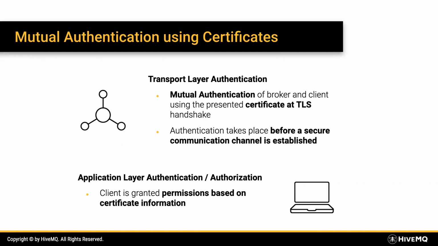These certificates are presented in the handshake, and the information there can be validated in a secure and cryptographically proven way. And afterwards, you can, of course, use application layer authentication and authorization. For example, use the information in the client certificate, like the common name, for permissions or whatever.